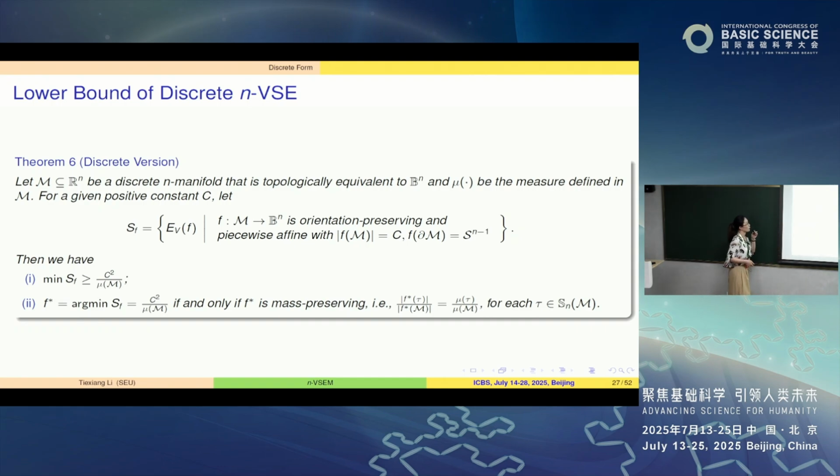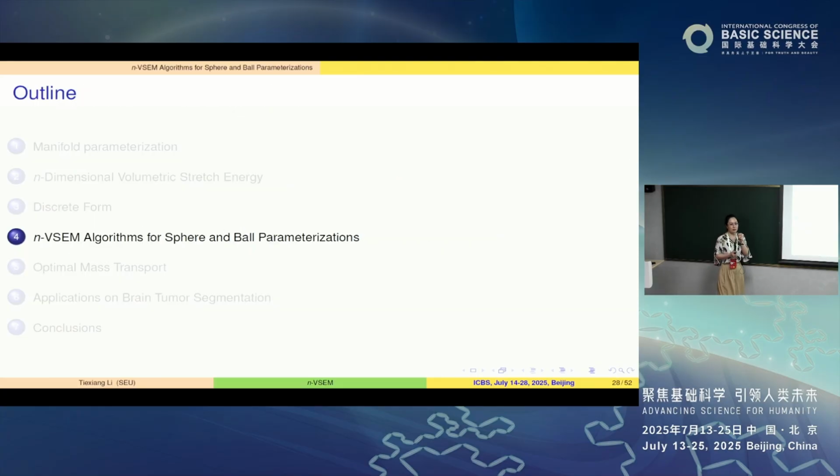So up to now, we have developed the complete theory from the structure energy, in both the continuous version and the discrete version.